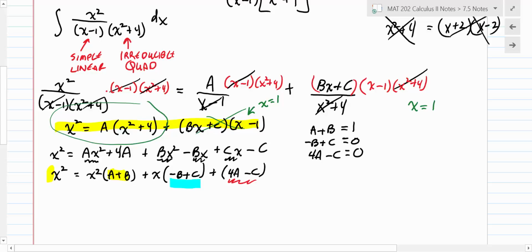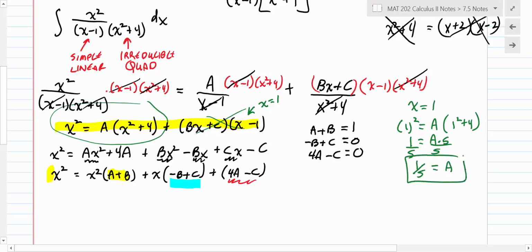And if I do that, I'm just going to replace x with 1. So I have 1 to the second, I have a, and then I have 1 to the second plus 4 is going to be like that then, okay? So that's going to be 1 is equal to a times 5. So that looks like what we're going to get on that is a fraction, which is perfectly fine.